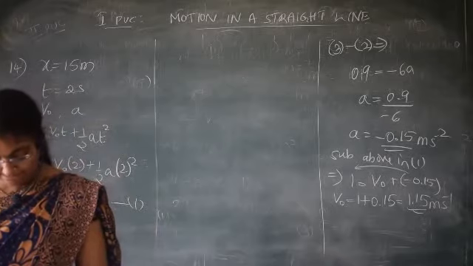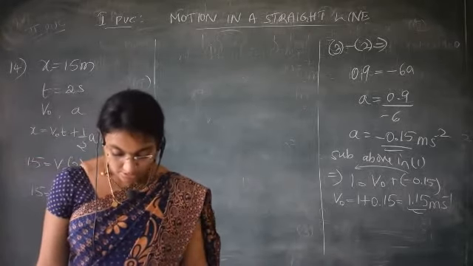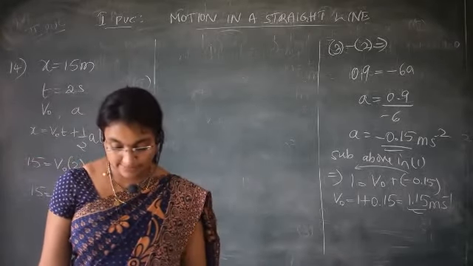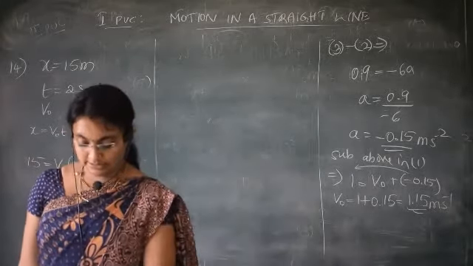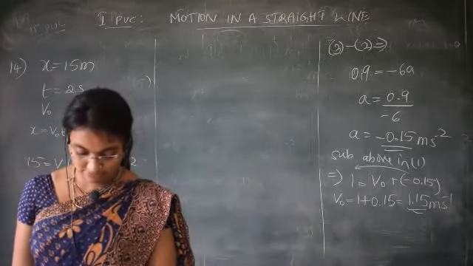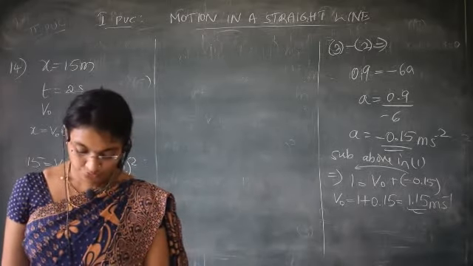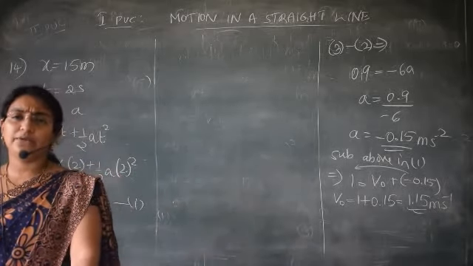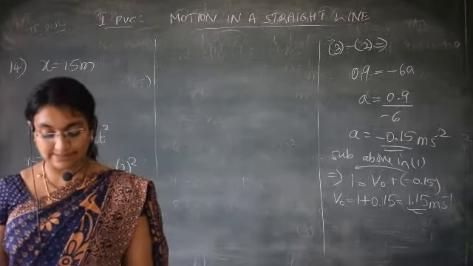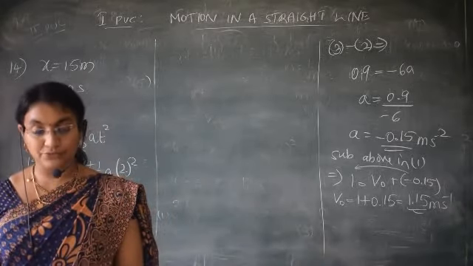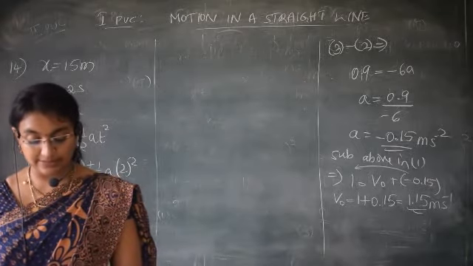Next is, since the second compartment takes 2.5 seconds to cross the observer, okay, so distance is how much? 15 plus 15, because one compartment is 15 meter. 2 compartments are there. Second compartment, so 15 plus 15, that is 30 meter.